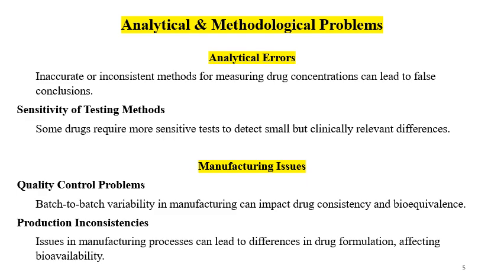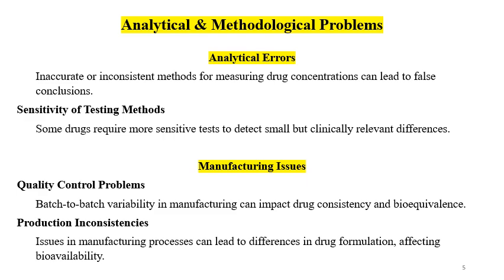Manufacturing issues may be there. Quality control problems: batch to batch variability in manufacturing can impact the drug consistency and bioequivalence. You might have observed this regarding the dissolution studies. If unit to unit variations are there, these variations may lead to problems in the bioequivalence.